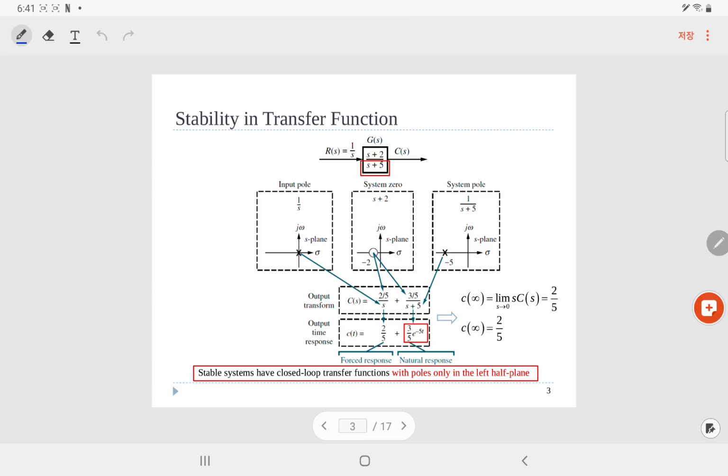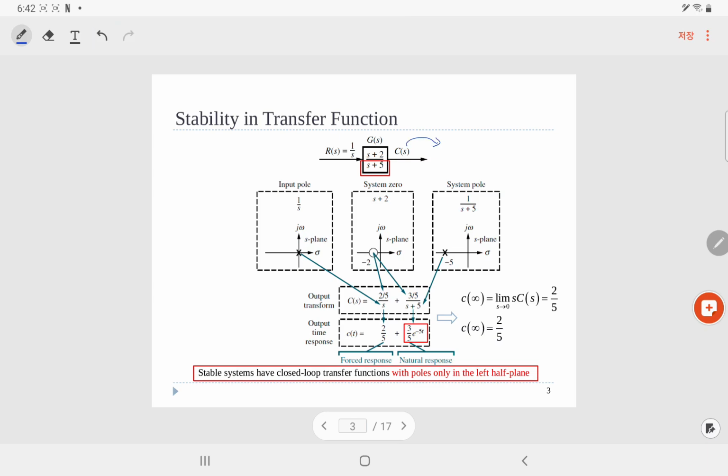Okay, and here we assume that the input is unit step, so the Laplace transform of unit step function is given like this, and hence we can see that the input pole is located at the origin in the complex plane.